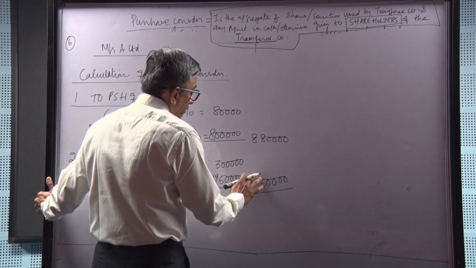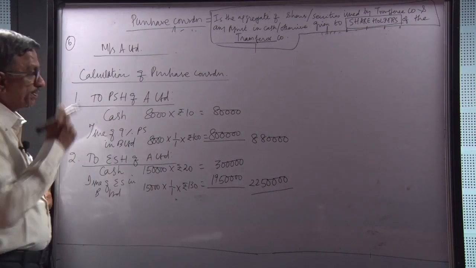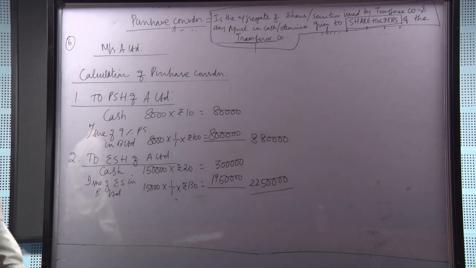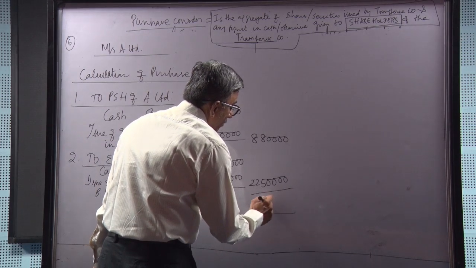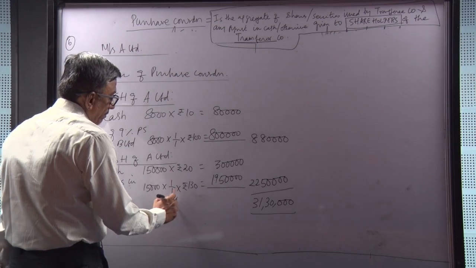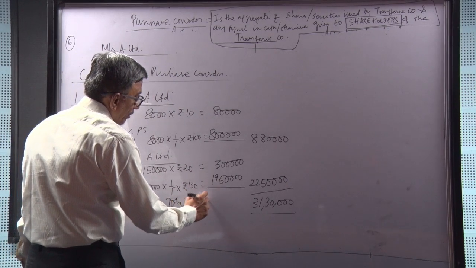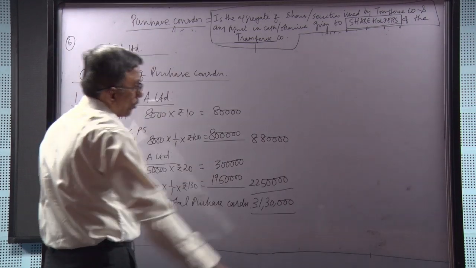Therefore, total will be 22,50,000. So for the equity shareholders, the consideration will be 22,50,000. For the preference shareholders, 8,80,000. Add it. That will be the total purchase consideration. So it is 31,30,000 total purchase consideration.